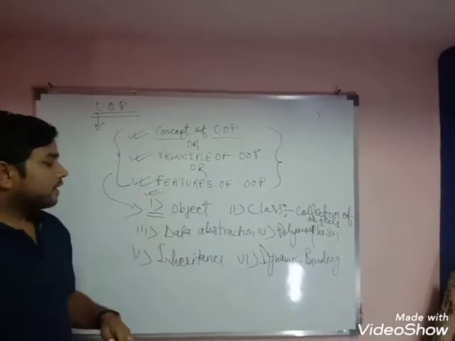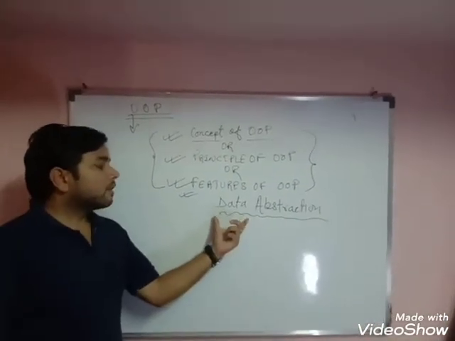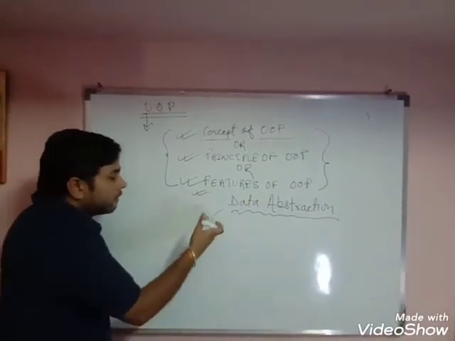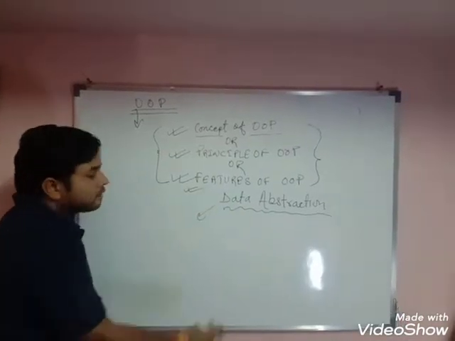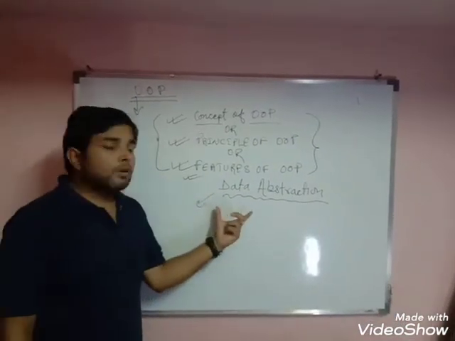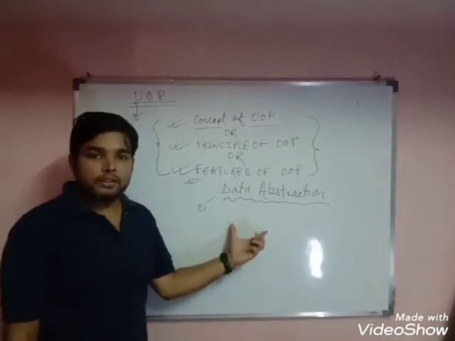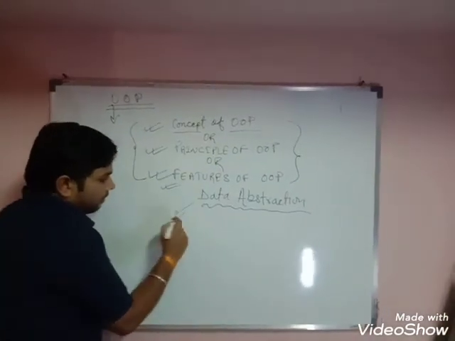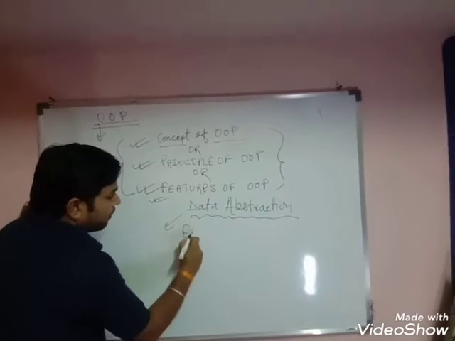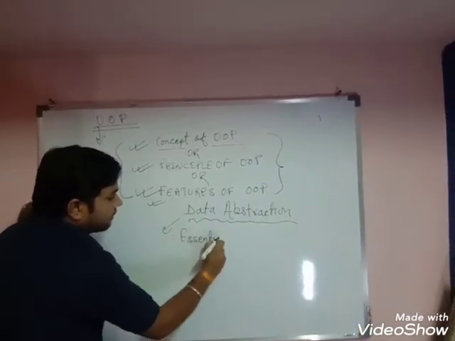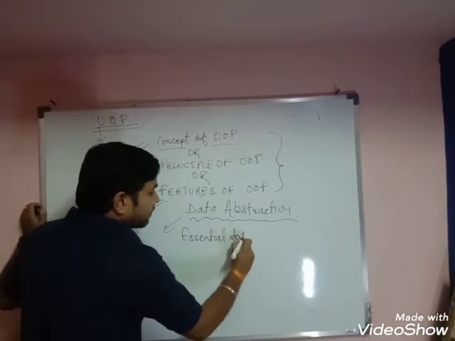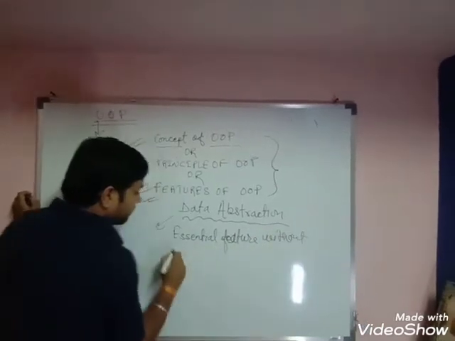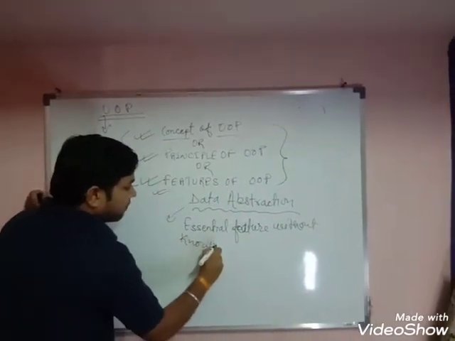Now we have to come to data abstraction. Students, we have to learn about data abstraction. So what is data abstraction? Data abstraction means it is used to know only the essential features without knowing the background details. This is the main definition of data abstraction.